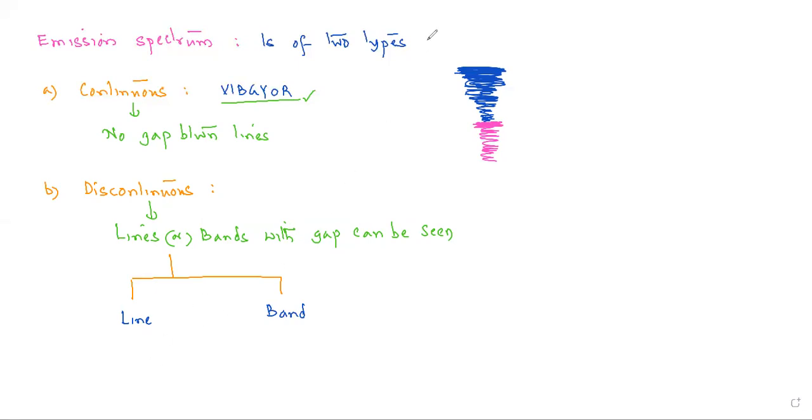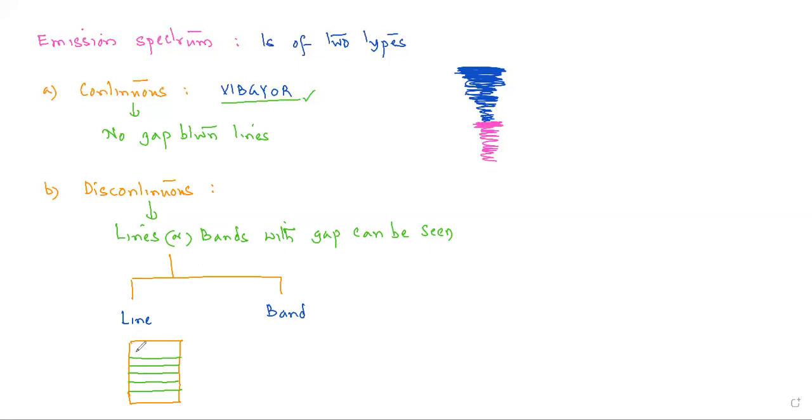Line spectrum consists of bright lines with dark areas in between.